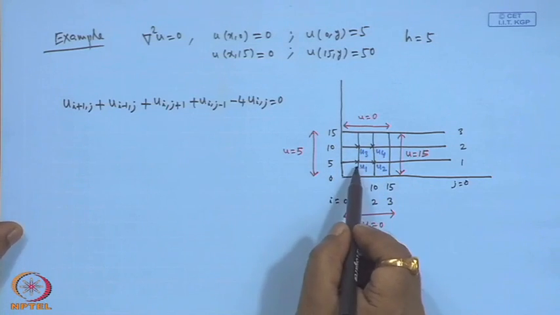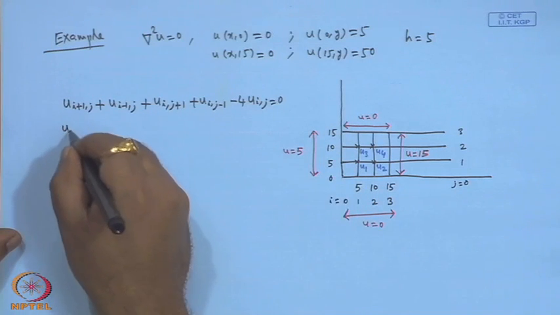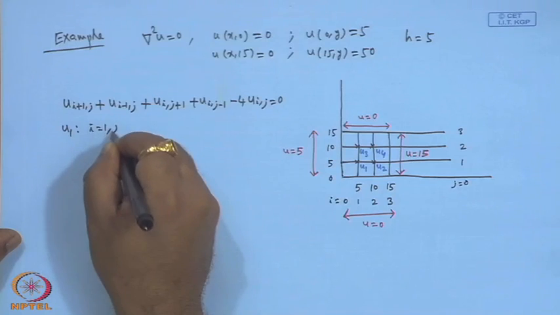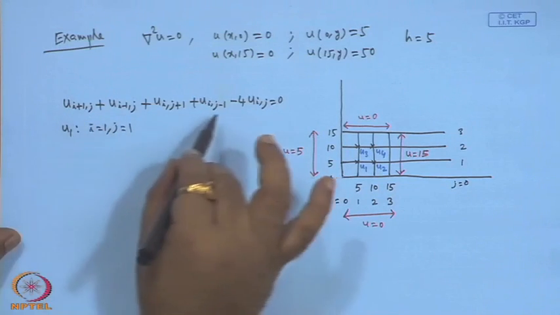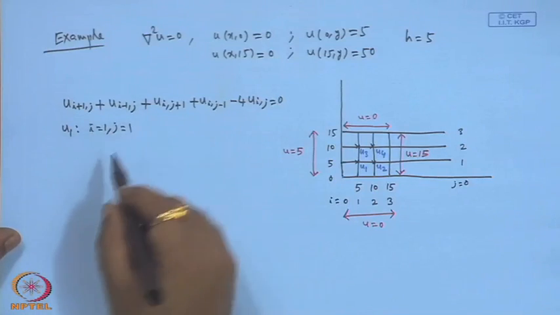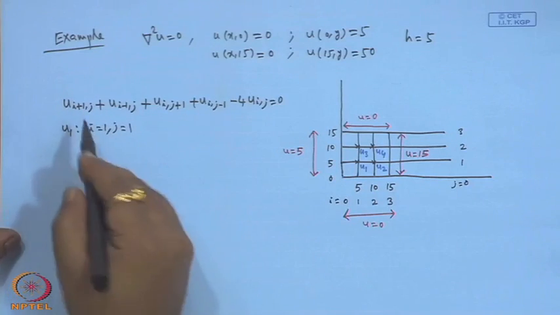So, now if we see, for example, u 1 corresponds to i equal to 1, j equal to 1. So, I will show in one case with the two indices. Then we switch over. So, for example, i equal to 1, j equal to 1.